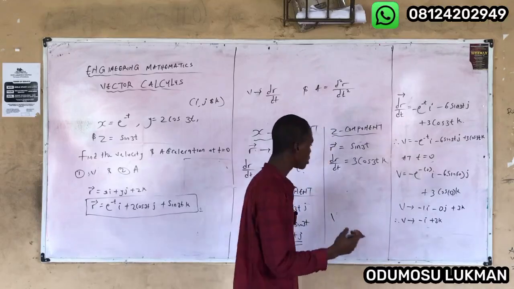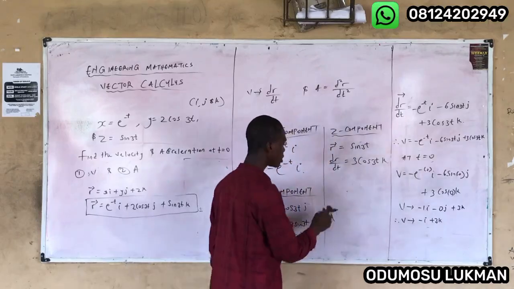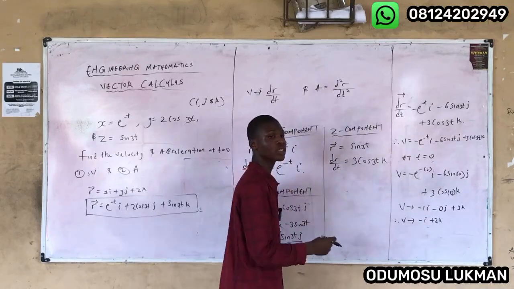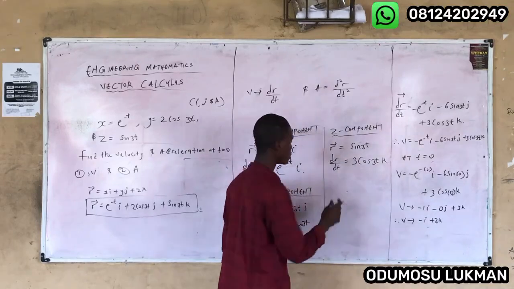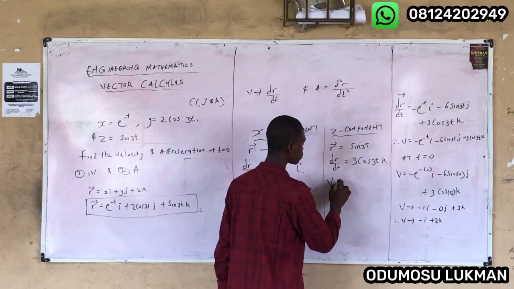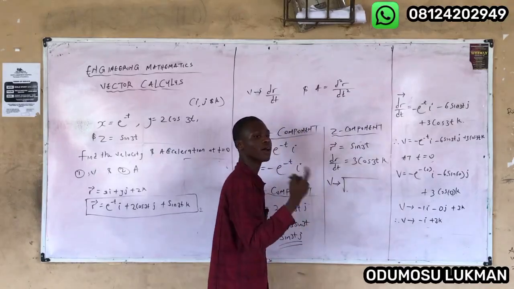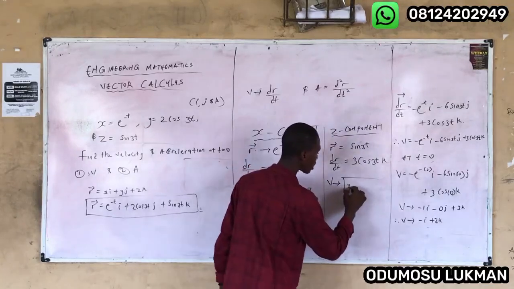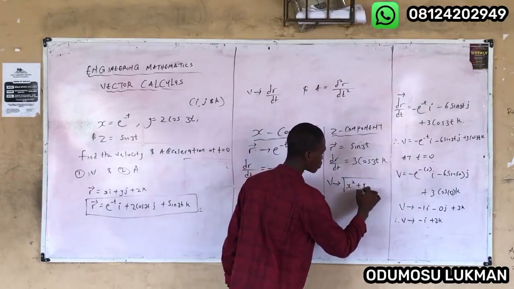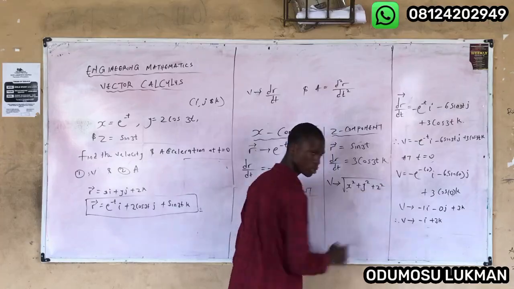Generally, to get the magnitude of a velocity, v is equal to the square root of x square plus y square plus z square.